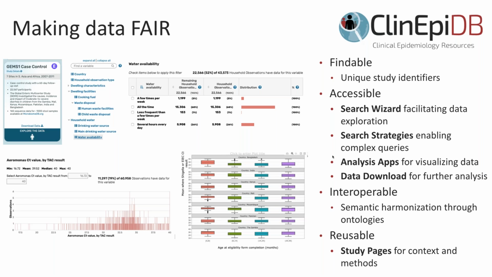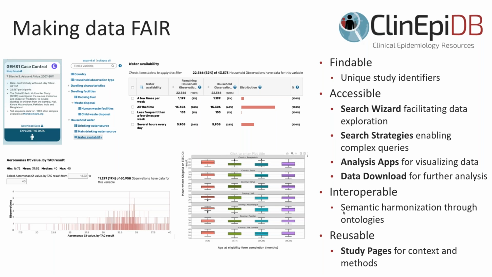Then there are the analysis apps that we have for further visualizing data. Here's an example of one of those. You can see it adds a little extra functionality over our search wizard by allowing you to stratify based on other variables. Here we've got one variable on the y-axis, and we're stratifying by different countries with each of these different plots. And then, of course, we offer downloads of the data.